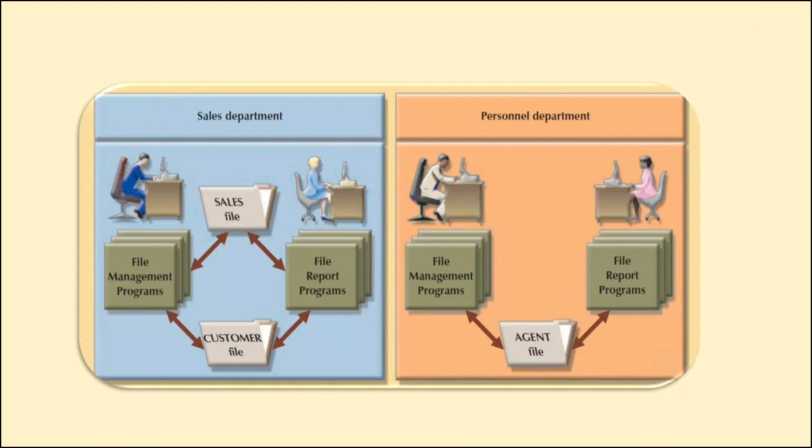The files and programs used here don't connect or share the data with the other departments. Are you getting? So for the sales department files, you don't have any facility to share the sales files with the personnel department, right? Similarly, you can't share the personnel department data with the sales department directly. There is no direct option available, right?